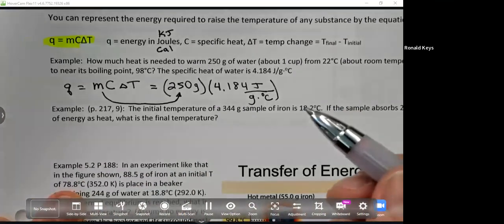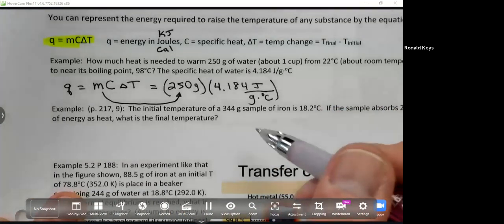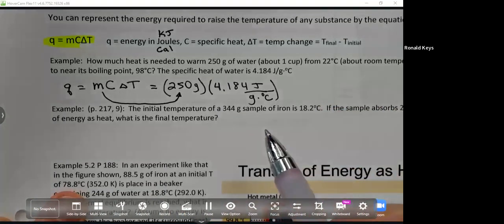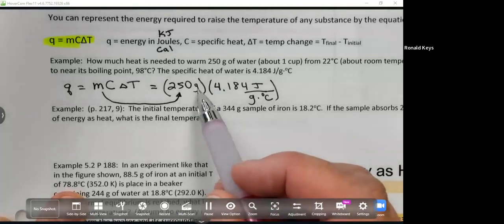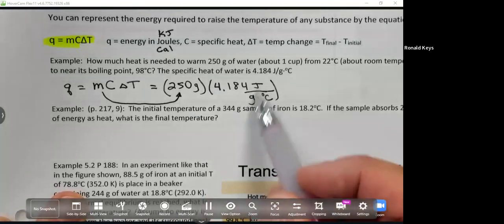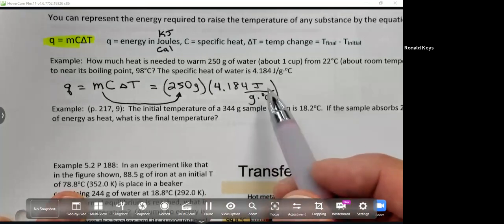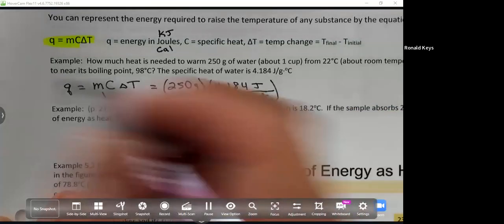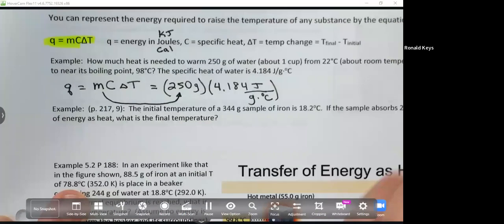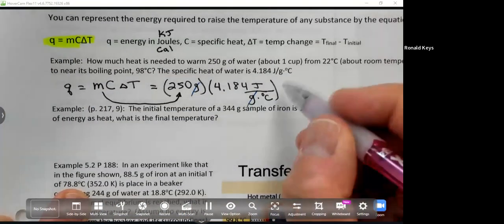For those that do not write in all these units, it is not going to go well, because this is where you realize what the answer is going to be in. This could be in kilojoules or calories. If you write these in and don't take a shortcut, then you'll see that our grams are going to cancel out. Now we just need our temperature change.